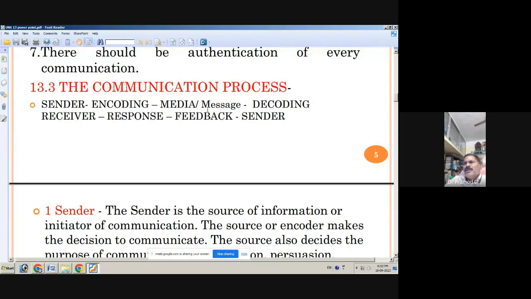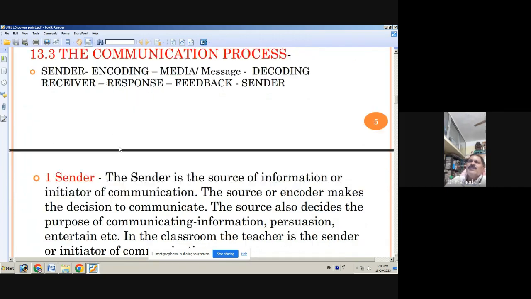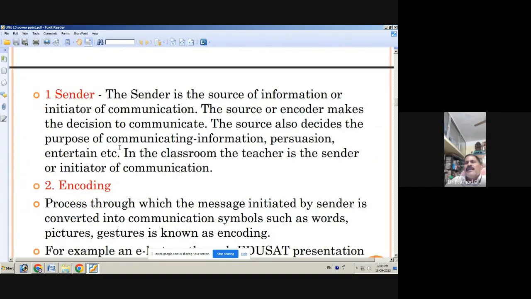Media is nothing but the message, decoding is there, receiver should be there. The receiver will have the response and also the feedback. Then everything will go again to the sender. The message is there, decoding is done by the receiver, then the receiver gives the response, then you get the feedback, and again it goes to the sender. Then it is just like a cycle.